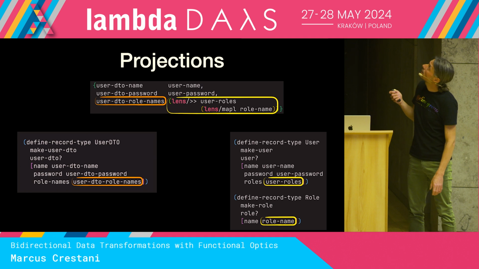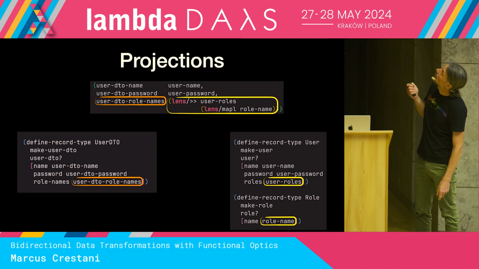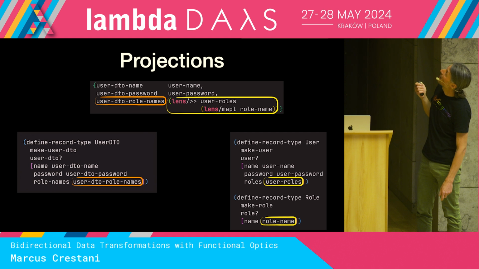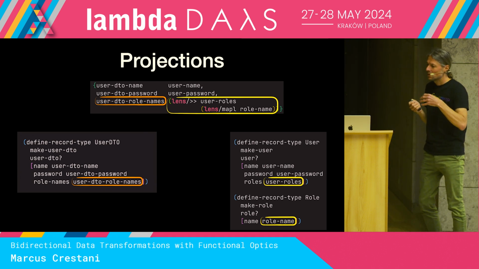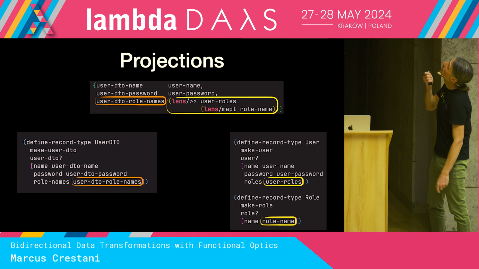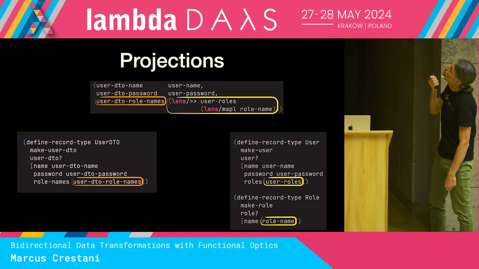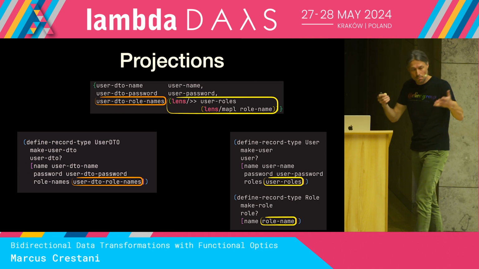So again, here on the right-hand side, we now have a lens combination, a concatenation of lenses, that concatenates the lens that focuses on the user roles with a lens that focuses on the names, that maps this lens over the focus the user roles gave. So lens mappel is map lens.